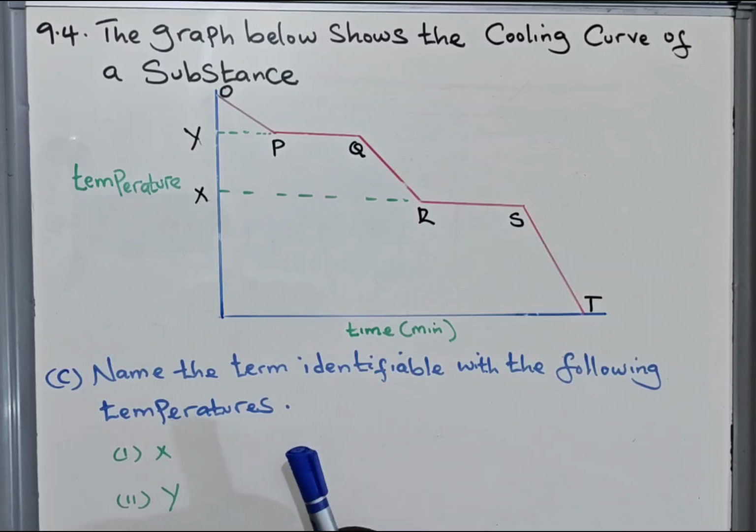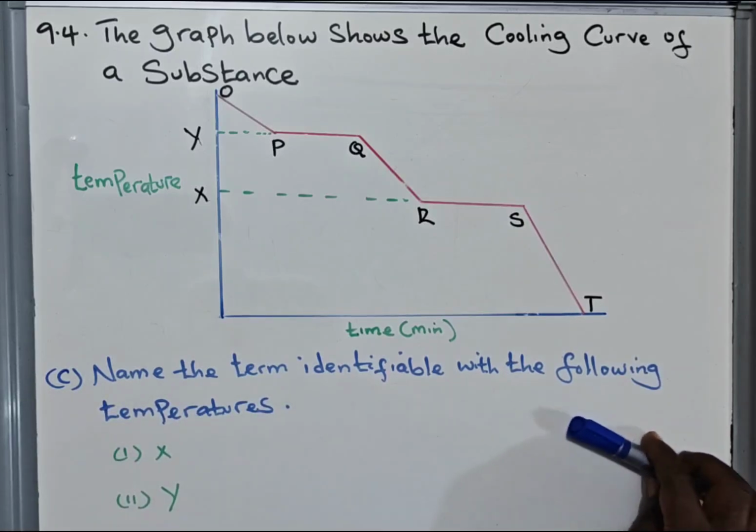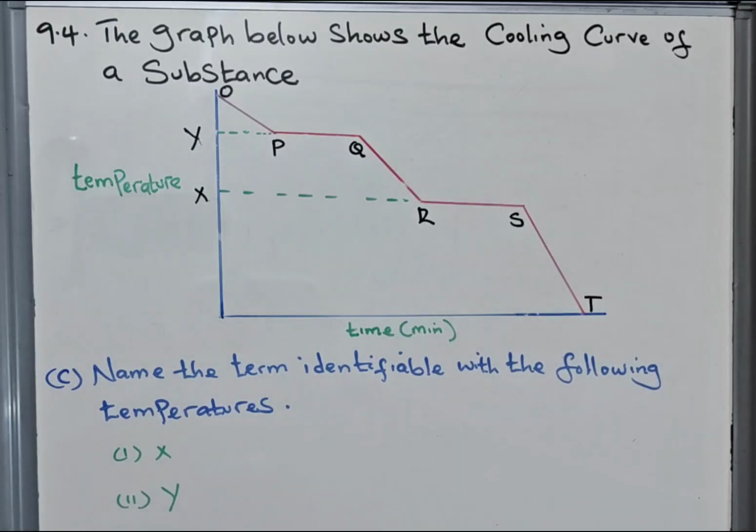Then we come to this question. It says name the term identifiable with the following temperatures. Number one is X. What is X?